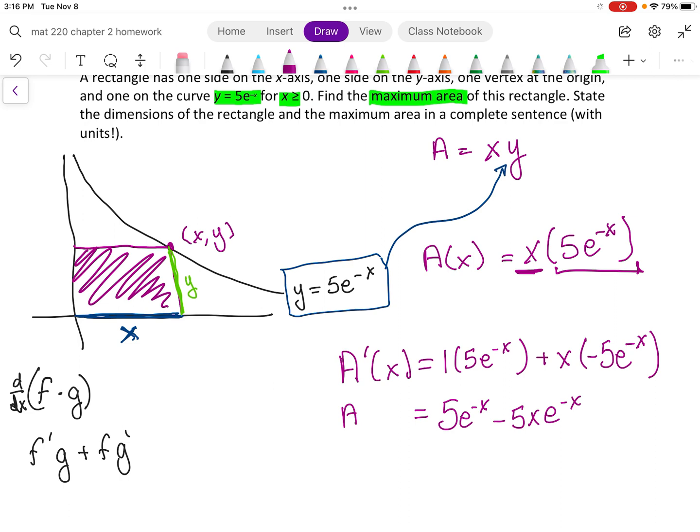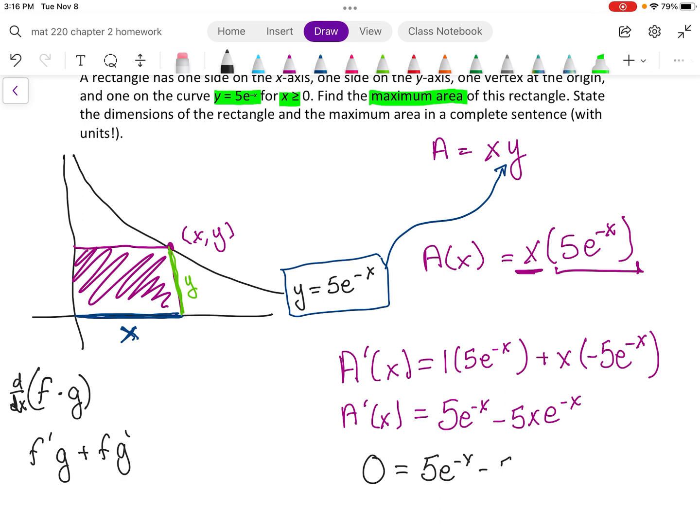We're looking for where our derivative is either equal to 0 or undefined. That's going to be where our mins and maxes occur. I have an exponential function, and I'm multiplying it by 5x, so there are actually no x values where this is undefined. So I'm going to ask, where's the derivative equal to 0?